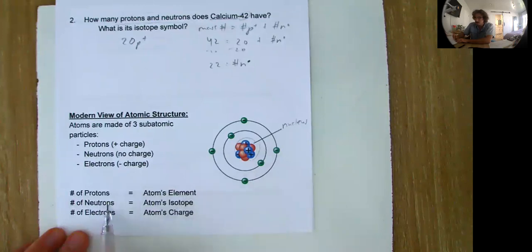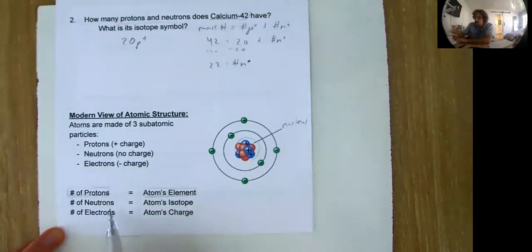The number of neutrons, when they change, determines the atom's isotopes. And the number of electrons, when they change, determines the atom's charge. So the only thing that doesn't change is the number of protons with the atom's element.